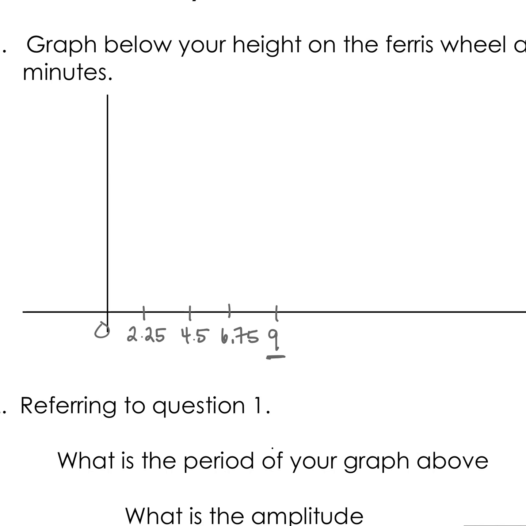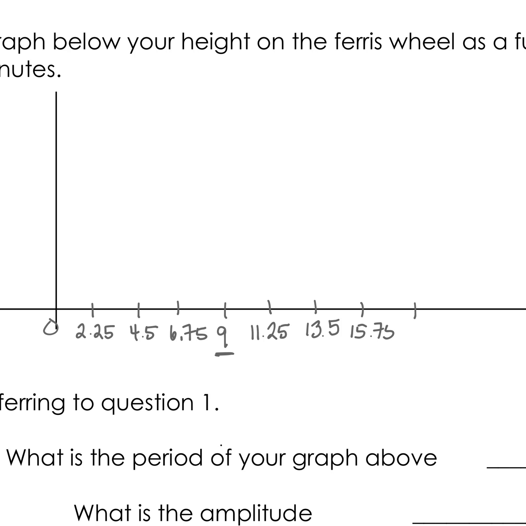That's one ride. Now we keep going. We add another 2.25: 11.25, 13.5, 15.75, and then 18. So that gets us around 2 times.